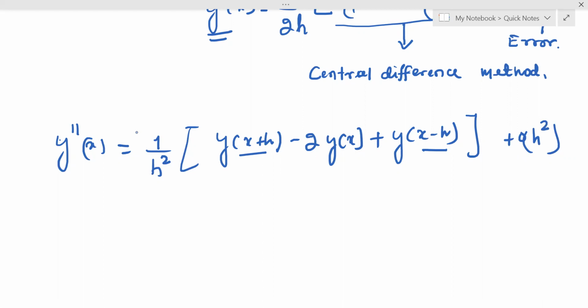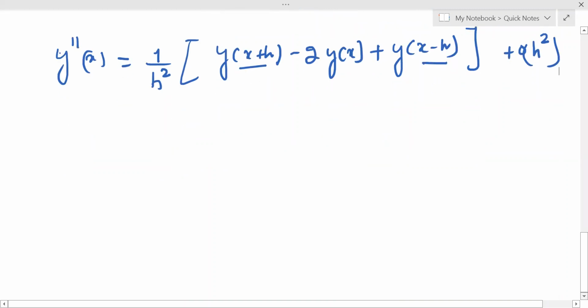Hence, the working expressions for central difference approximation of the derivatives of y_i are as below. So what is the working procedure for the finite difference scheme?